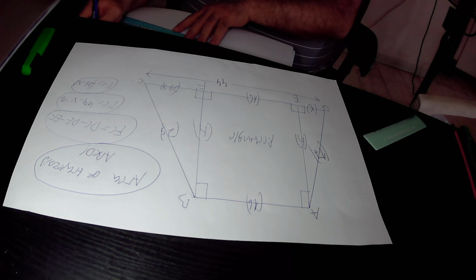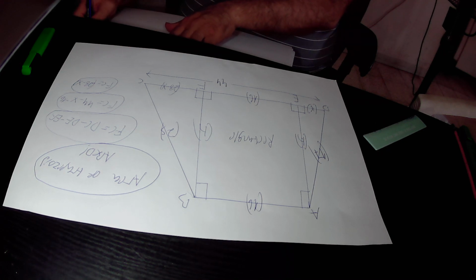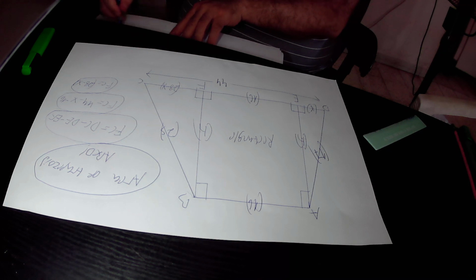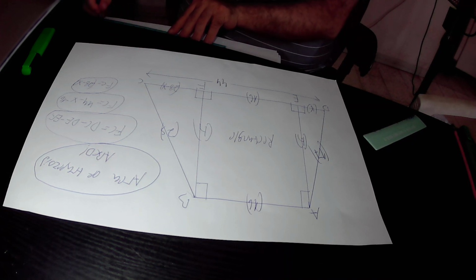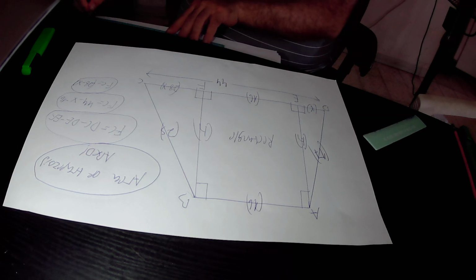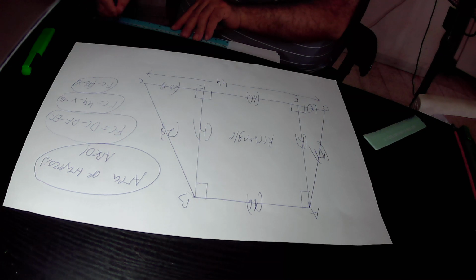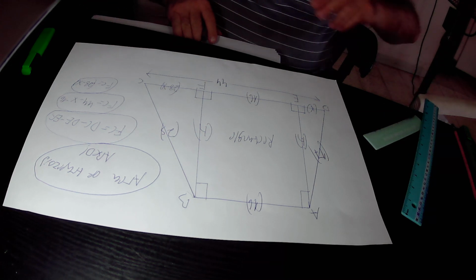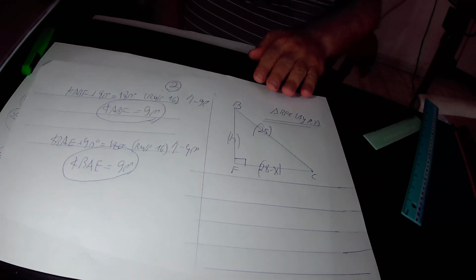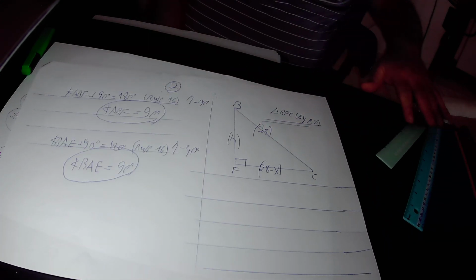Here PT is short for Pythagoras theorem. So actually, this is the right triangle BFC that I copied from the original drawing.